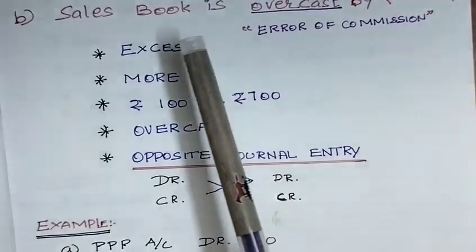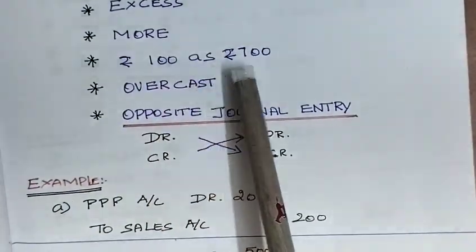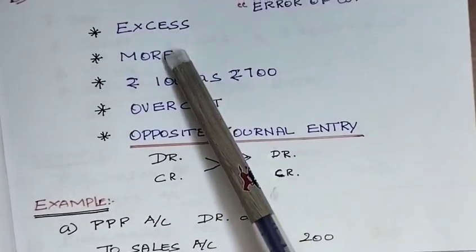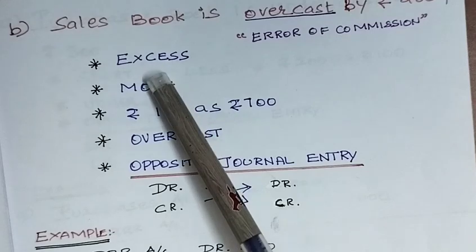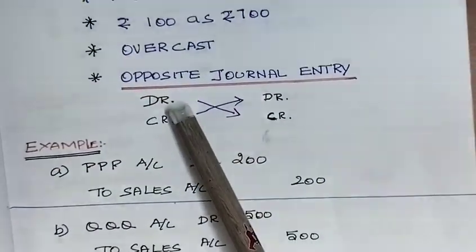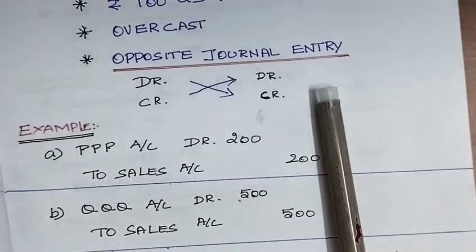Listen here. Excess, more, 100 rupees instead of 700, over cost. Whenever you see this word in the given question, you have to write the opposite journal entry. What is meant by opposite journal entry?